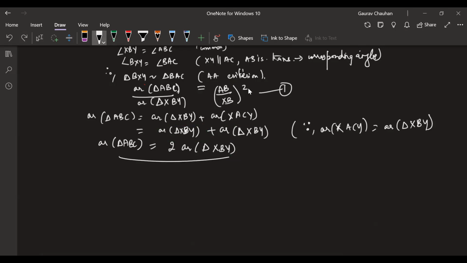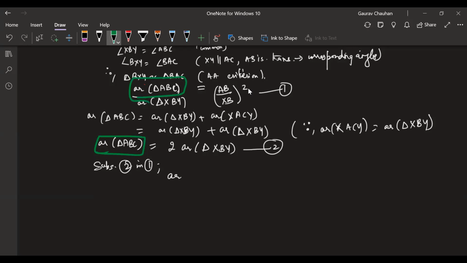Now I'm going to substitute this part in this equation. Substituting 2 in 1 on the left hand side, in place of area of triangle ABC, I will write 2 times area of triangle XBY.